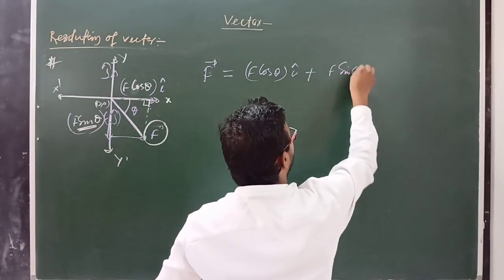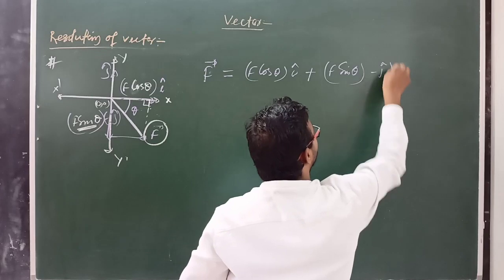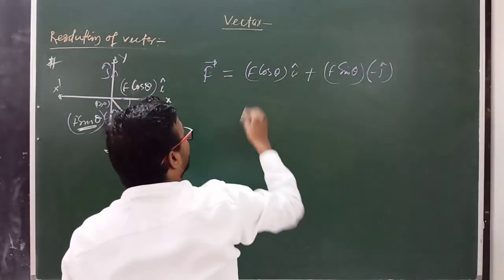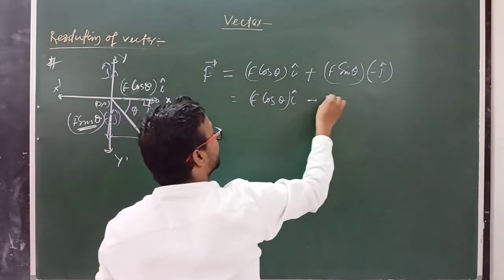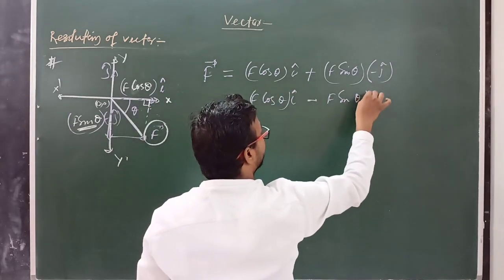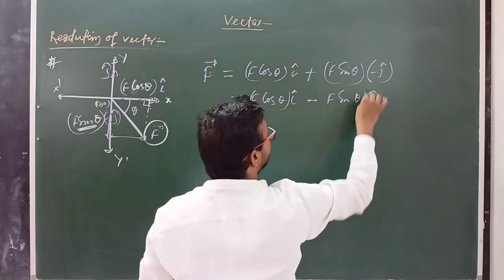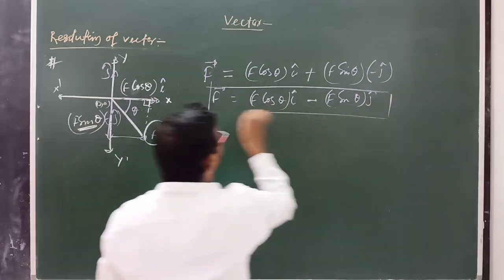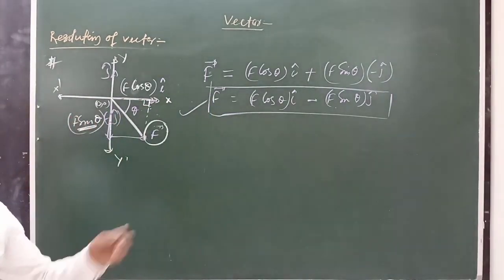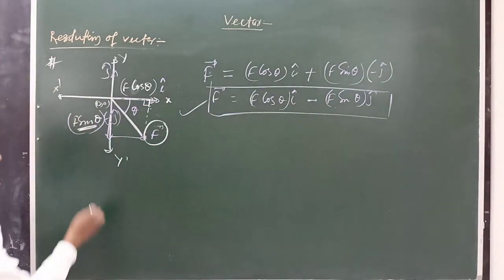It is f sin theta, but here minus j, downward direction. So the resultant vector can be written as f cos theta i cap minus f sin theta j cap. This is the resultant vector. Clear? So by using this concept we can solve different types of numericals regarding this concept.